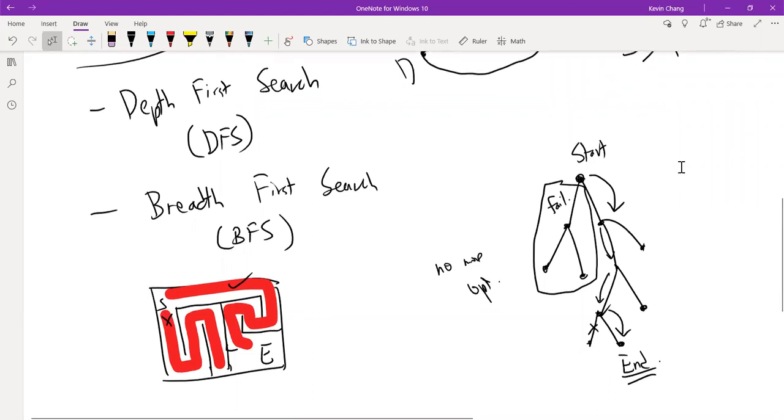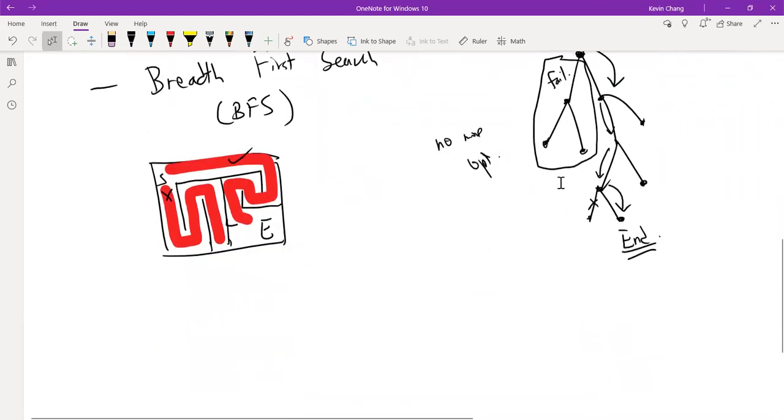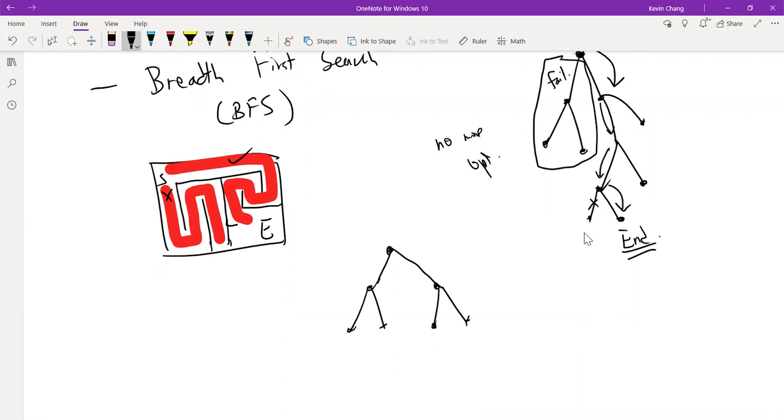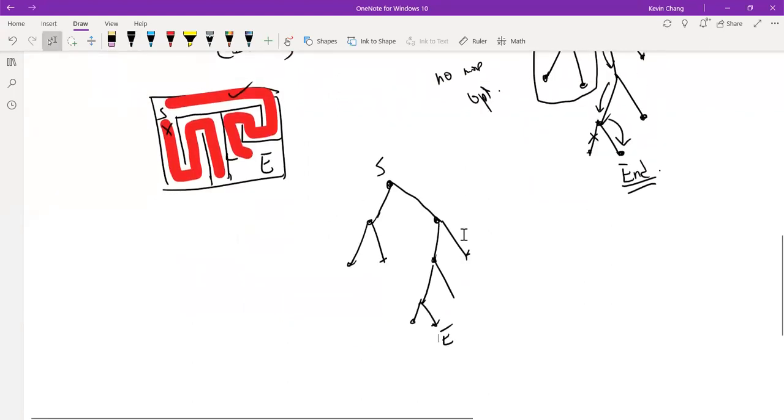Instead of looking deeply first, we look at everything around our current vertex. Let me draw the same graph here. Okay, so this is our start, this is our end. For breadth first search, we take our start vertex and we look at our neighbors.